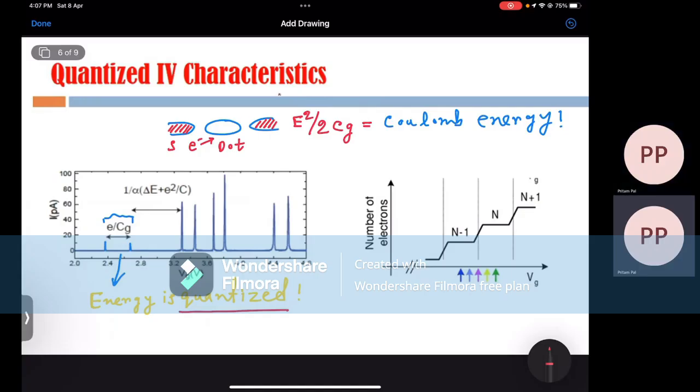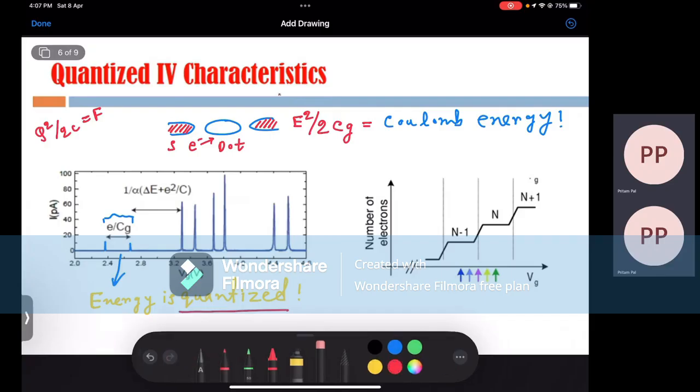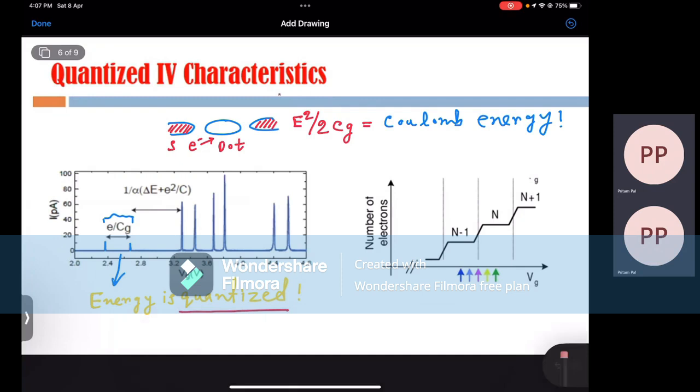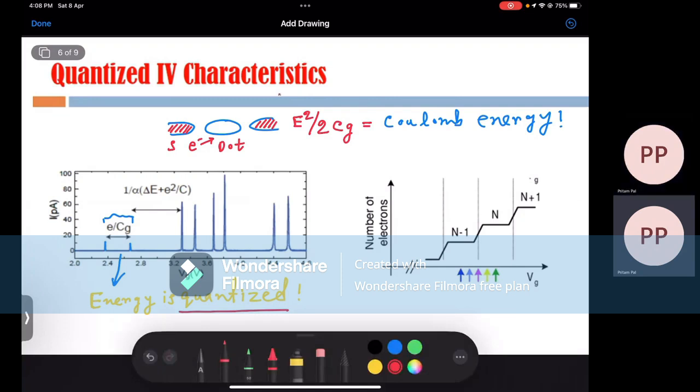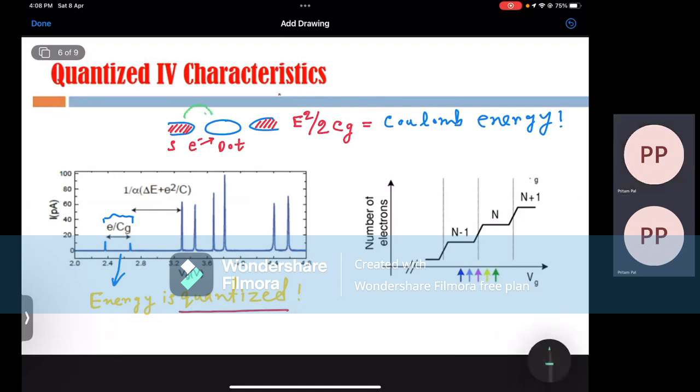So we feel the current here in the system, because only for that particular energy, one electron jumps from here to there. The electron makes a transition, right?